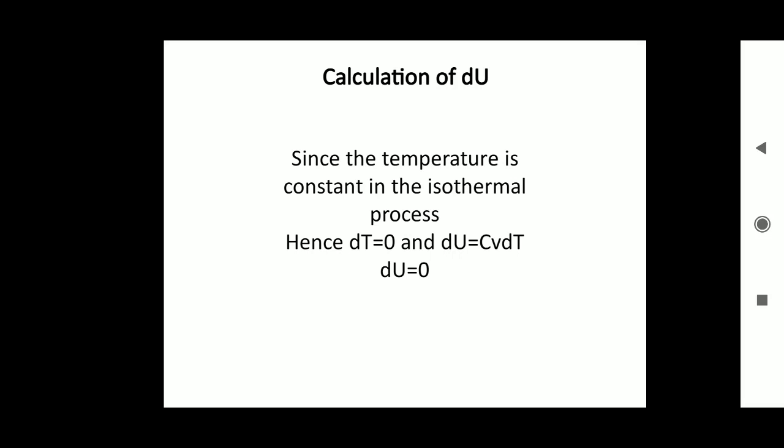Here I have indicated internal energy by U. Then dU is equal to Cv dT, and for a finite change dU must be equal to Cv dT. This is the condition for calculation of dU, that it must be equal to the molar heat capacity at constant volume into dT, the change in temperature.